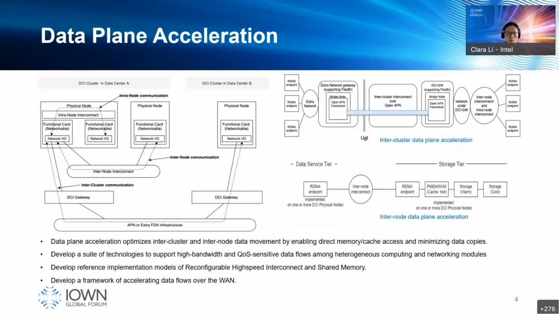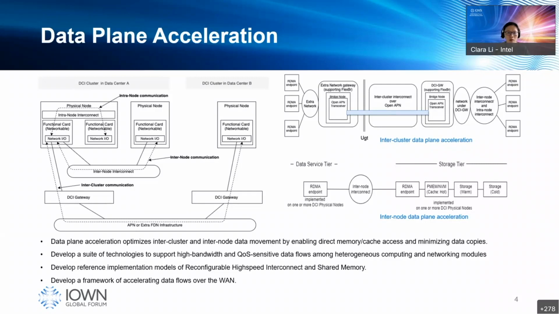There is a lot of effort developed to optimize the data flow, and here we call it data plane acceleration. The goal is to optimize intra-cluster and inter-node data movement by enabling direct memory access and minimizing data copies. For this purpose, there is a set of technologies developed to enable high-bandwidth and cost-sensitive data flow among heterogeneous computing and network modules.